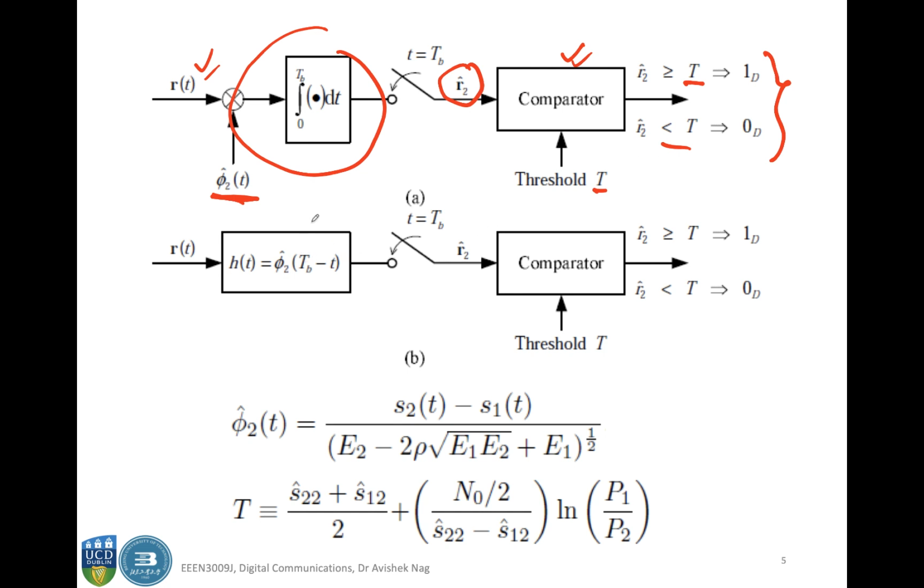In terms of matched filter also, you can have a single matched filter that approximates this correlator, and then you can have R2 hat, and you are comparing that with the threshold.